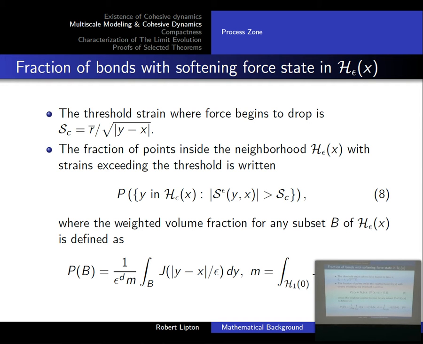So this is, in some sense, a probability, but it's a percentage of y's in the domain for which the strain at y with base point x, in absolute value, is larger than critical, that is, softening. And here we have a weighted volume fraction, weighted by the influence function, such that the measure of any set B is going to be weighted by this weight here.